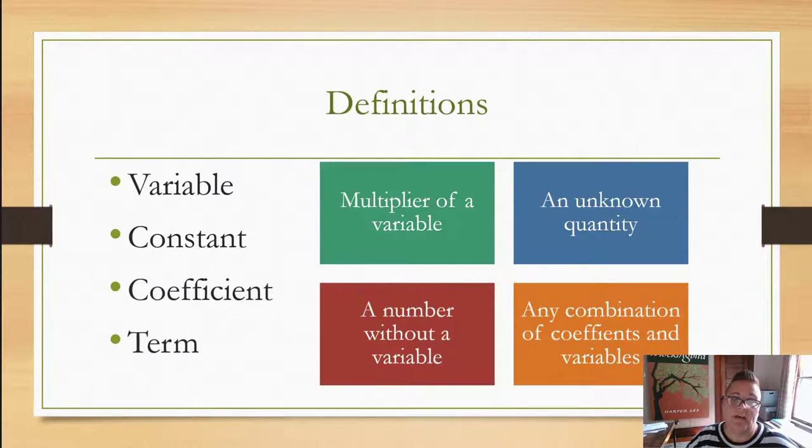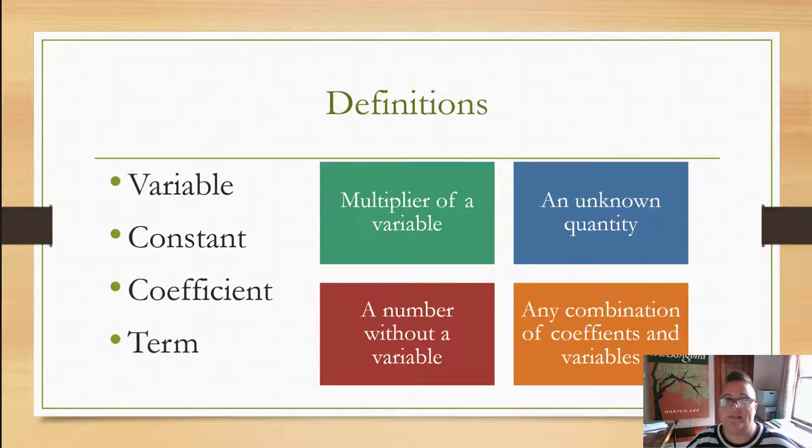Coefficients are multipliers of a variable. So if I've ordered 6 new tables and they're $40 each, then it would be 40 times 6. 40 would be considered the coefficient or the multiplier of the number of tables. The coefficient is a number.